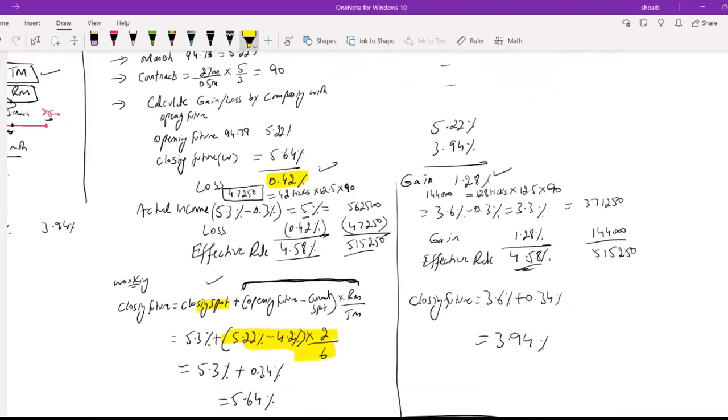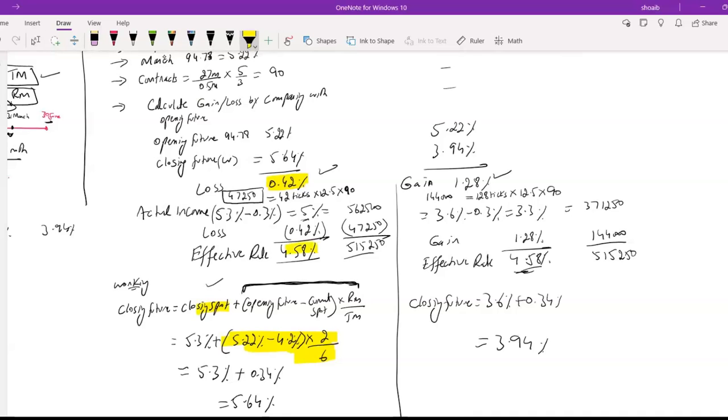But the future is giving you 4.58. So which one you will choose? Obviously, future contract, right?